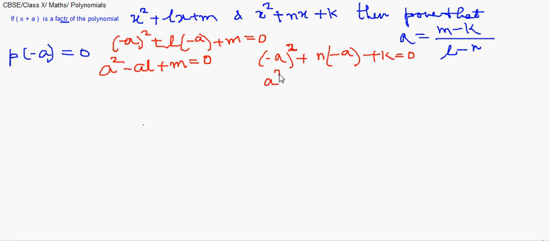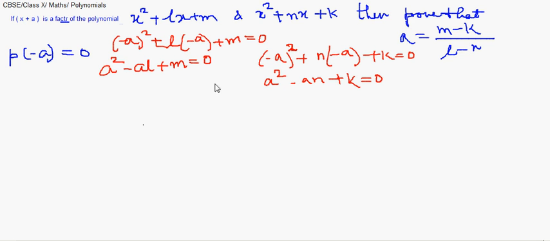So a square minus an plus k equals 0. So we have now two equations which says a square minus al plus m equals 0 and a square minus an plus k equals 0.